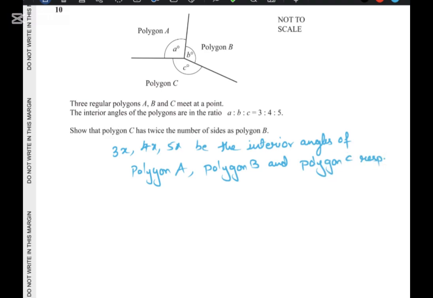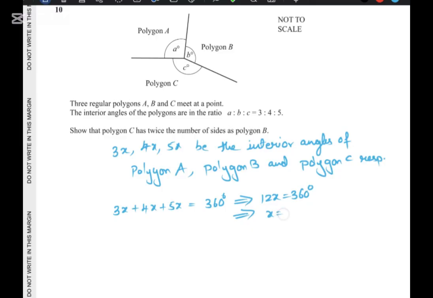So when you take these three angles together, they make a complete angle. So I will add them and equate to 360 degrees to get the value of x. So 3x plus 4x plus 5x is equal to 360 degrees. 3x plus 4x plus 5x is 7 plus 5, 12x is equal to 360 degrees.